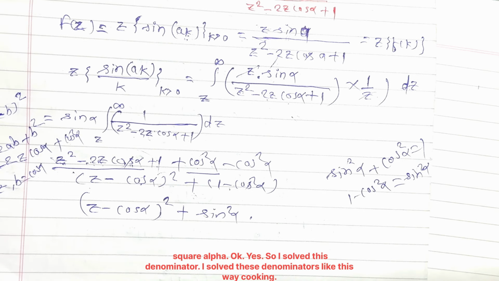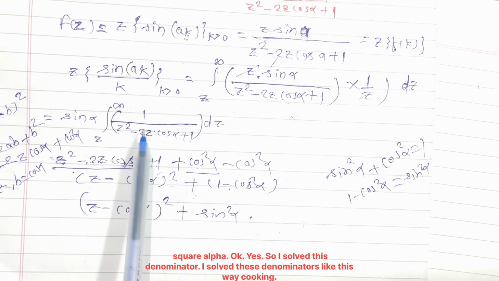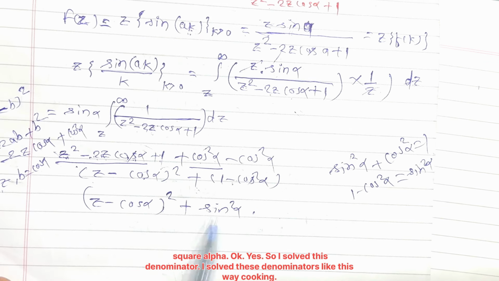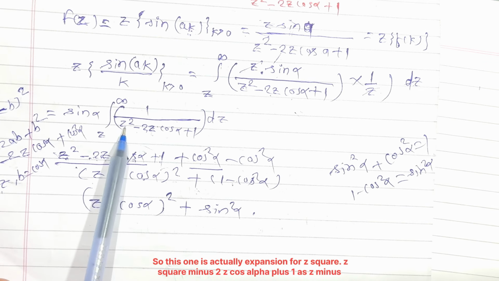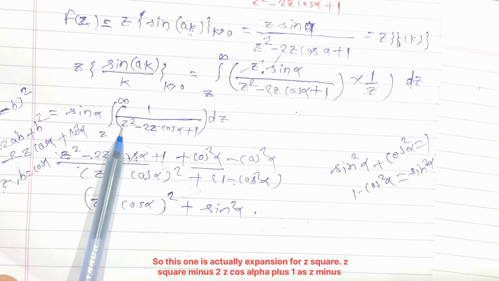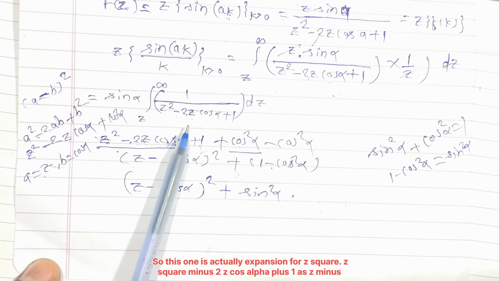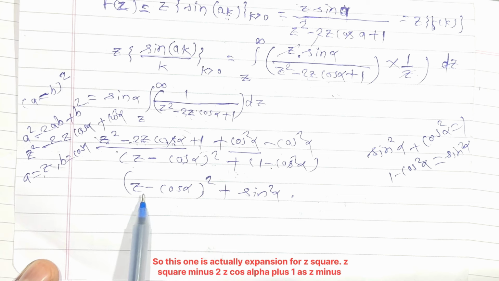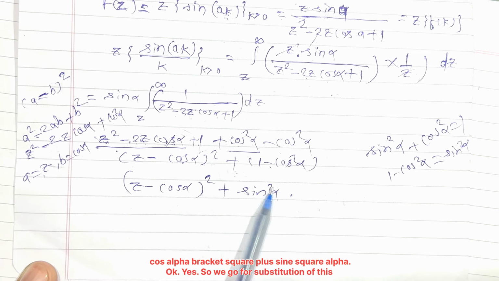Okay, so I solved this denominator this way. So this one is actually the expansion for z square minus 2z cos alpha plus 1 as z minus cos alpha bracket square plus sin square alpha.